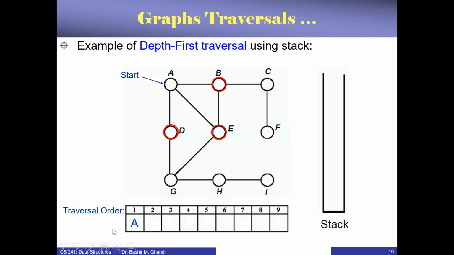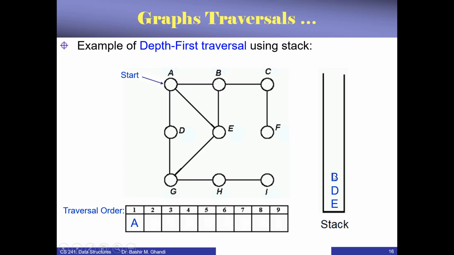We are interested in visiting the vertices alphabetically. Therefore, since the last one to enter the stack is the first one to come out, we push them in reverse alphabetical order. So E will go in first, then D, then B. This is the first iteration. Then we repeat.